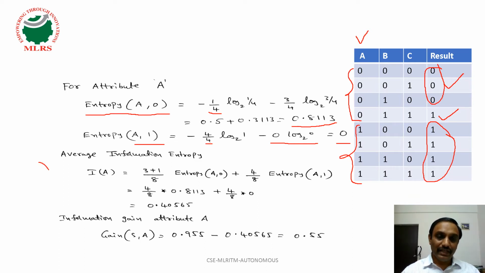After that, we have to take the average information entropy. How do we take that?